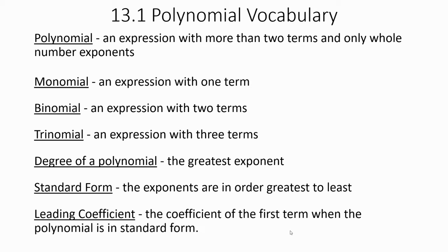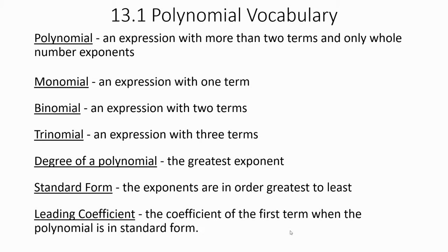If you remember from the beginning of the year, negative exponents mean that the number or the base is in the denominator of a fraction. So if you have a fraction and the variable is in the denominator, that means that it has a negative exponent, so that would no longer be a polynomial. All of the variables must have whole number exponents.